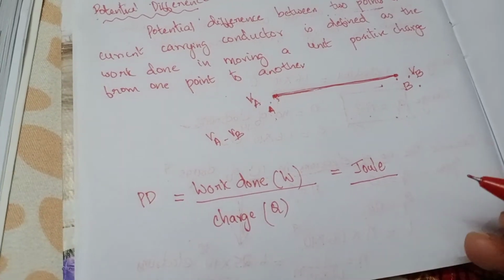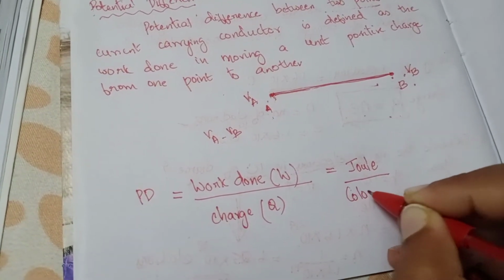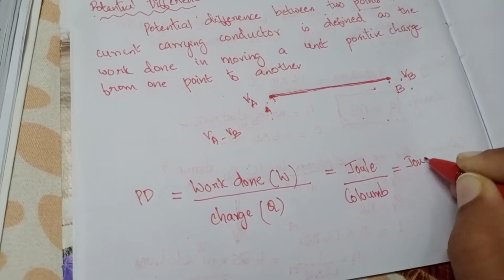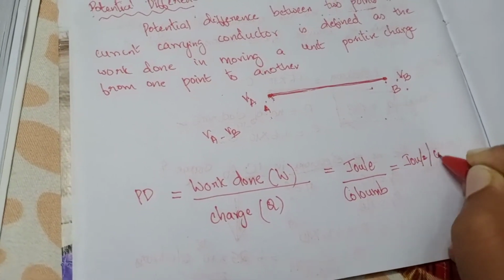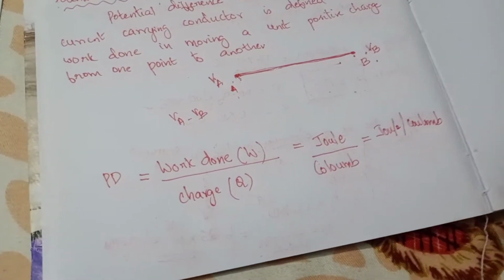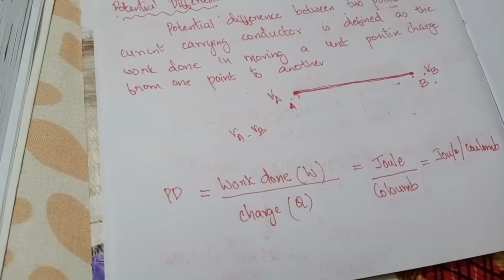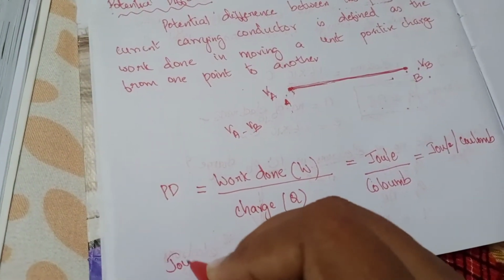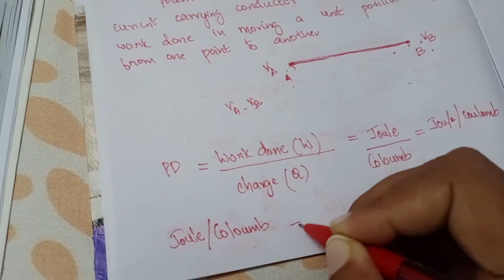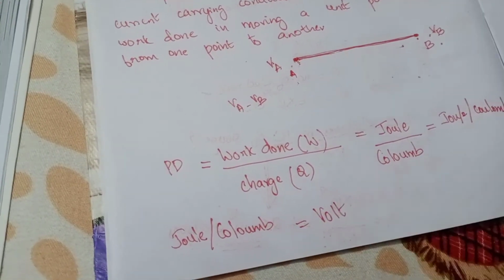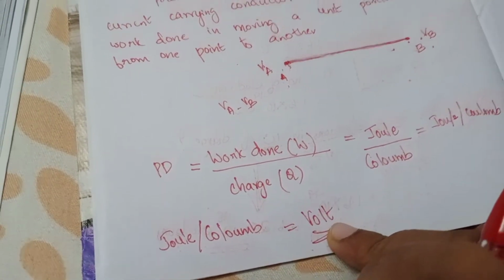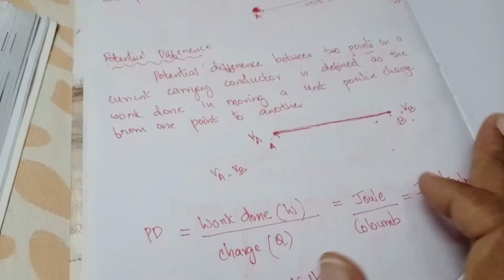And what is the SI unit of charge? We have already studied the SI unit of charge is coulomb. So we can say the potential difference is joule per coulomb. This joule per coulomb is also called volt, because Alessandro Volta is a scientist who discovered this electric potential or potential difference.